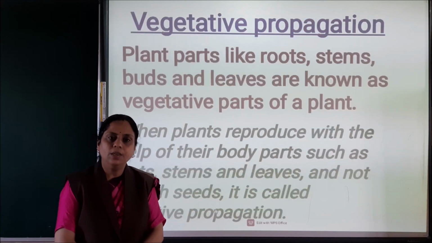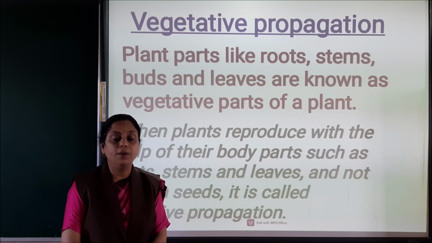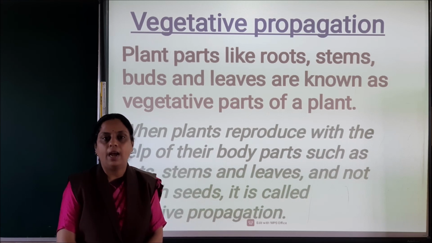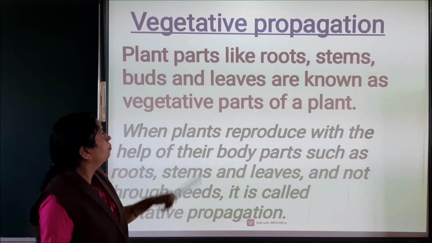Now children, besides growing from seeds, reproduction also takes place from the different parts of the plant. Different parts of plants means roots, stems, leaves. These parts are called the vegetative parts of the plant. And when reproduction takes place from these vegetative parts, it is called vegetative propagation.